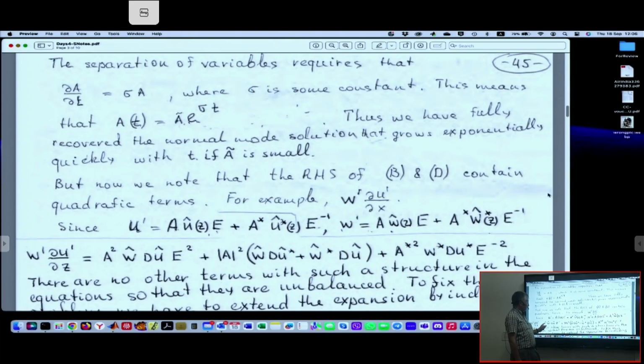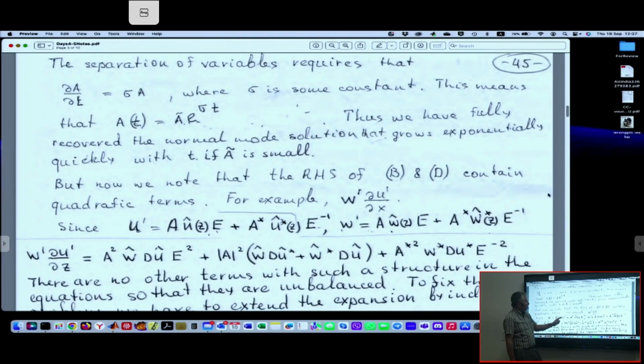You will get A squared, right? You will get W, and you will get derivative of U. And each of them has E, so you will get E squared. See that? You also will have this multiplied by that, or by that, right?